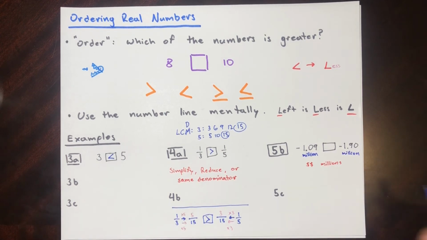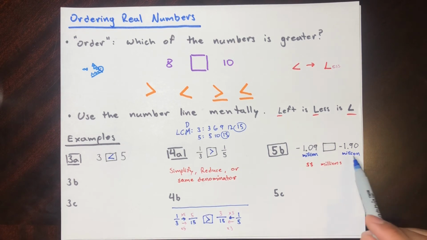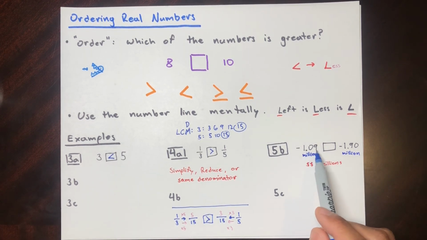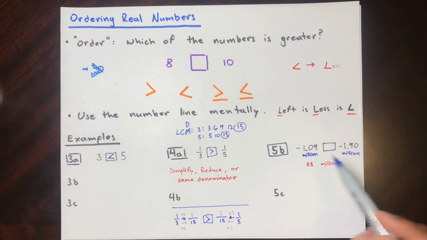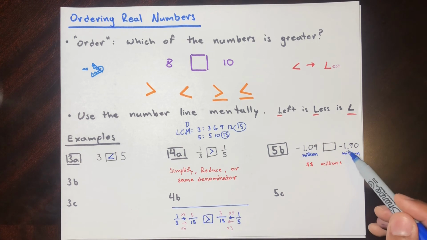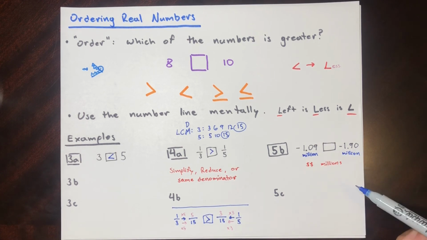Which one would you rather see in your bank account? I know you would rather not see either of those, but I would rather owe 1.09 million than owe 1.90 million, because if I'm owing -1.09 million, that means I'm owing $1,090,000. Whereas if I'm owing 1.90 million, it means that I'm owing $1,900,000.